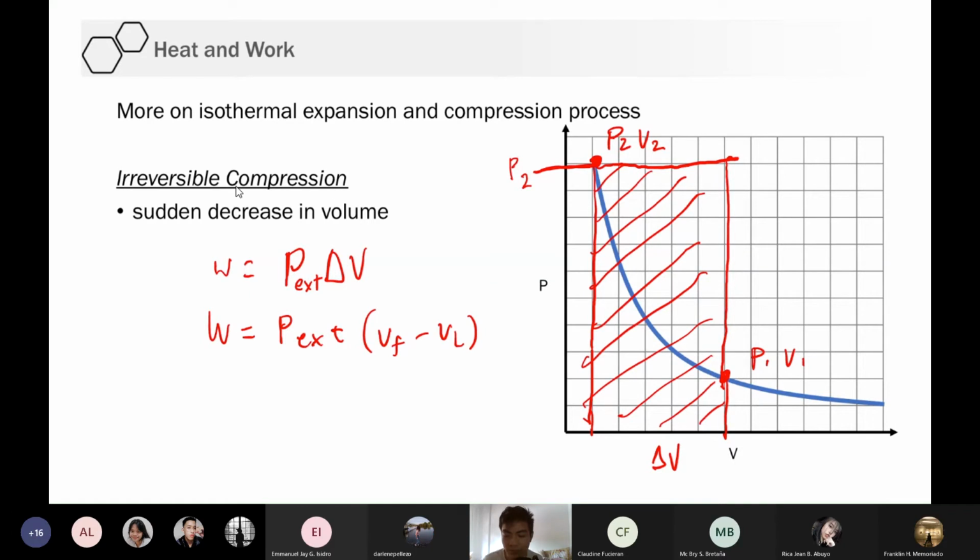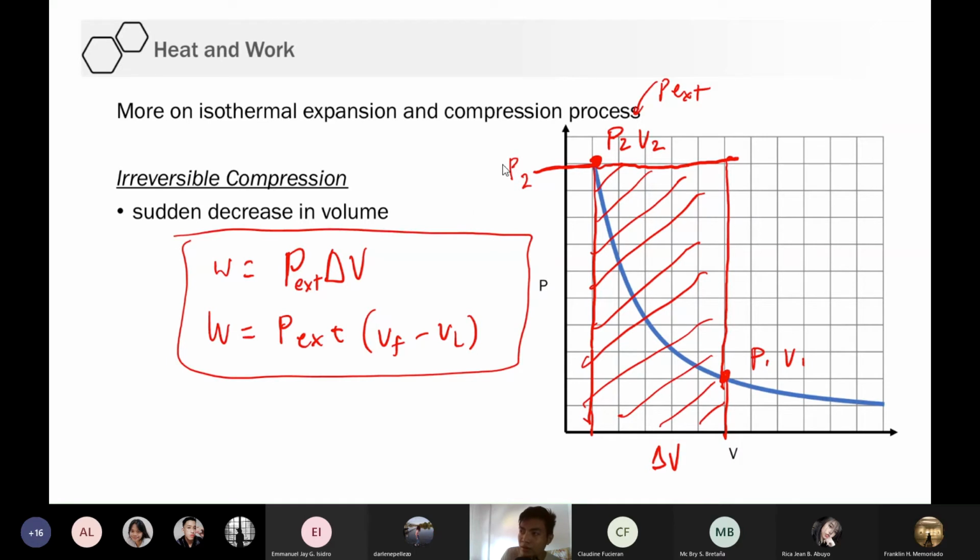Okay. So, naging positive na yung W natin dito. Take note that the P2 is the P external kasi we assume that at final pressure, at the final state, yung pressure ng outside and the inside ay equal na. Okay? So, ito yung equation, Vf minus Vi, P external, positive. Ayun lang, ganun lang.